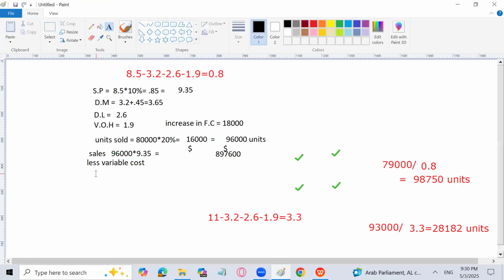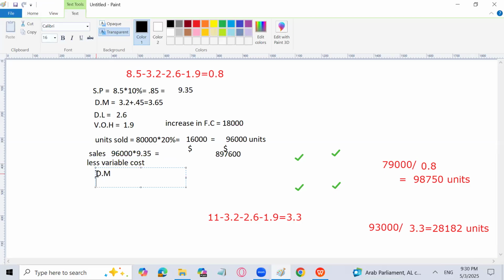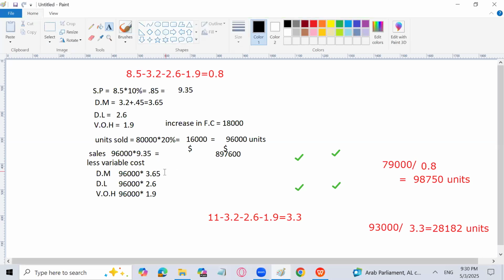I can write the variable cost directly also, but let's do the normal way, the sequence way. That will be the easier one because it will be more understandable actually. 96,000 multiplied by 3.65 is going to be the direct material. Direct labor, 96,000 units are producing. Direct labor is 2.6, same. Then 96,000 and variable overhead is going to be the same again. That is going to be 1.9. So can you please tell me the answers of this?